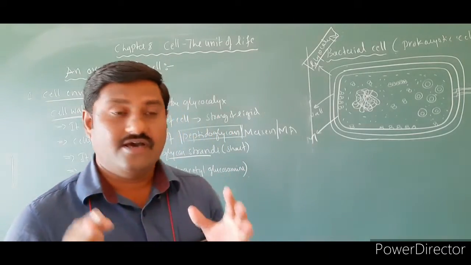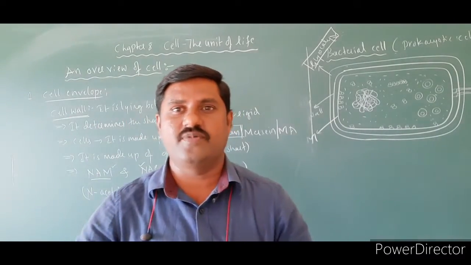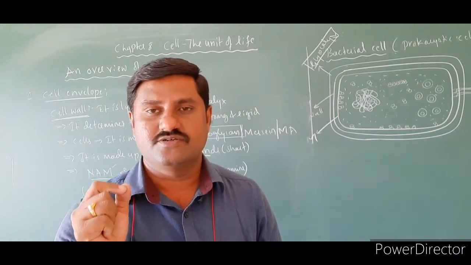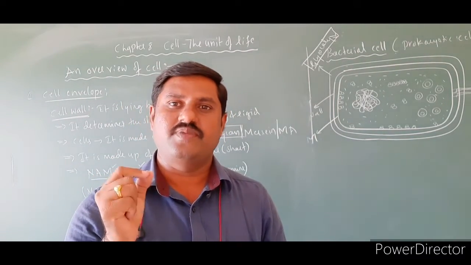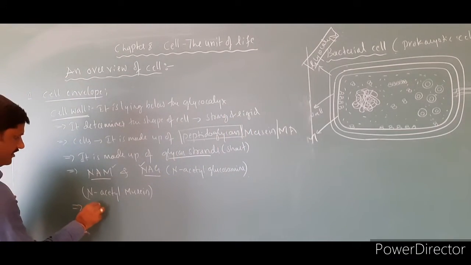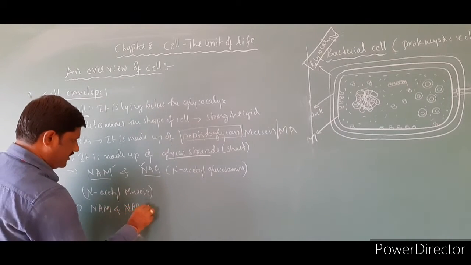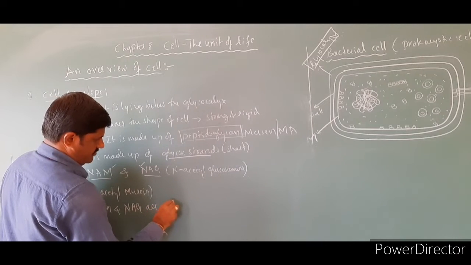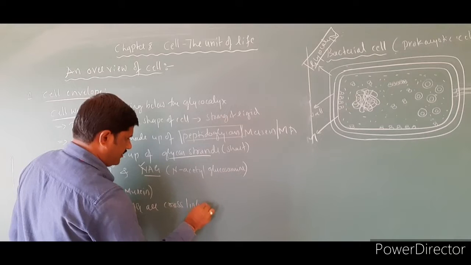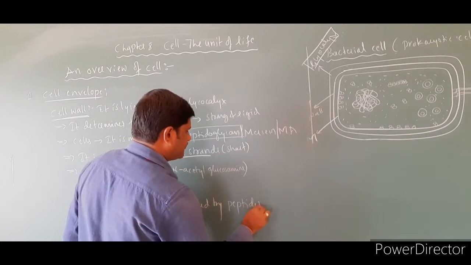So these NAM as well as NAG are bound with the help of cross-links, and those are made up of peptide structures or peptide strands. NAM and NAG are cross-linked by small peptides.